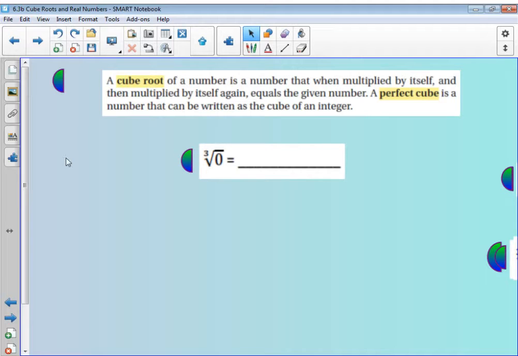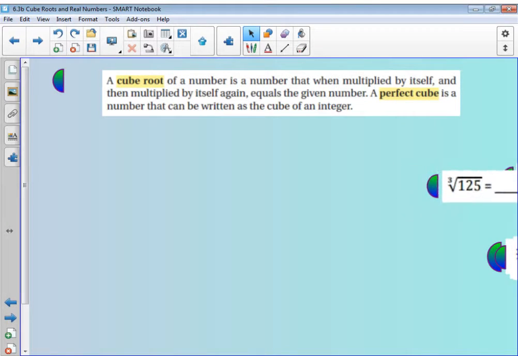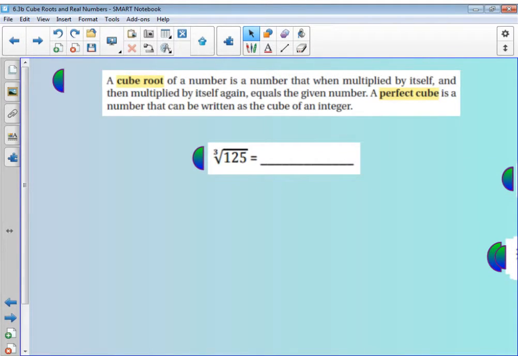What's the third root of 0? What number times itself 3 times would give us 0? I'm hoping you don't even have to try this one out. That would be 0. Okay, the third root of 125.